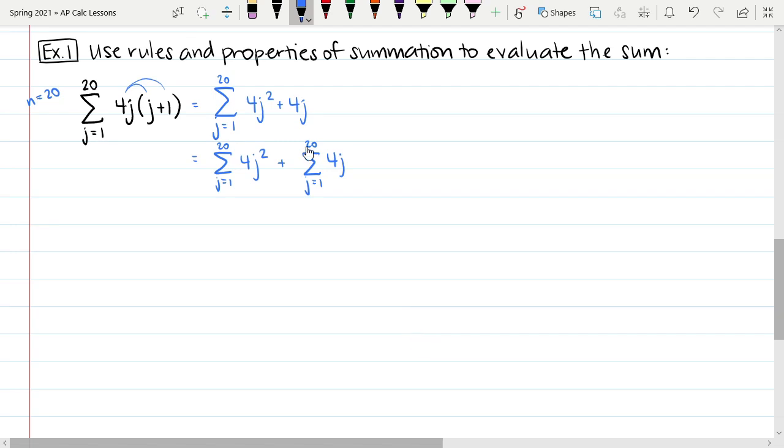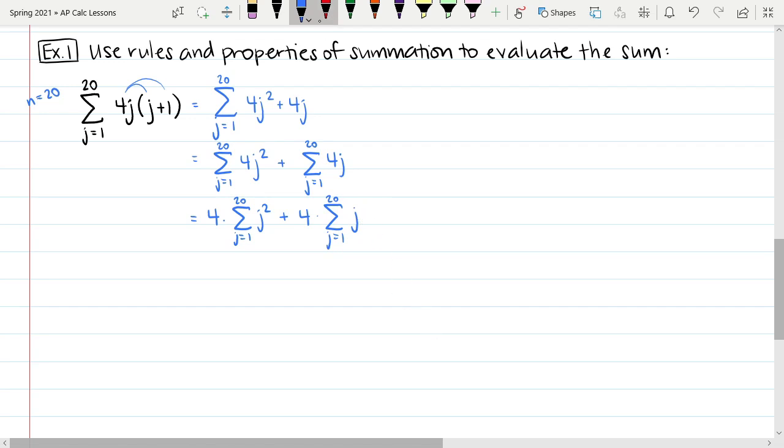And then now, because each of these has a constant multiplying with the j or the j squared, I can move those constants out in front. So this is now 4 times the summation from j equals 1 up to 20 of j squared plus 4 times the summation from j equals 1 to 20 of just j.